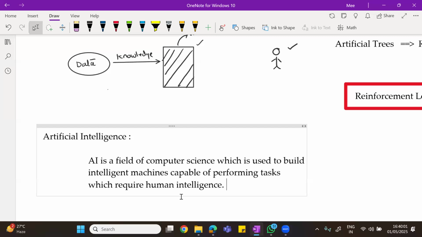Can anyone? If you want to type, you can type. Aman, yeah, that's right.